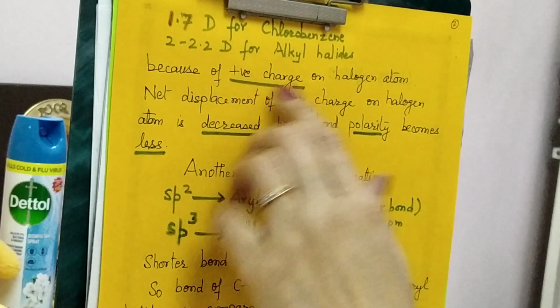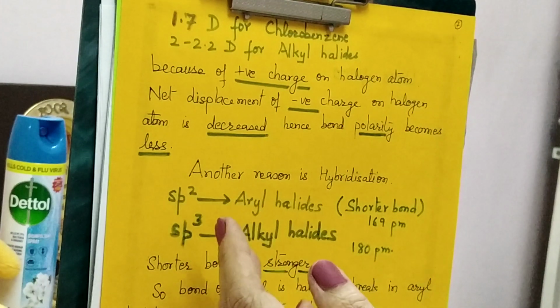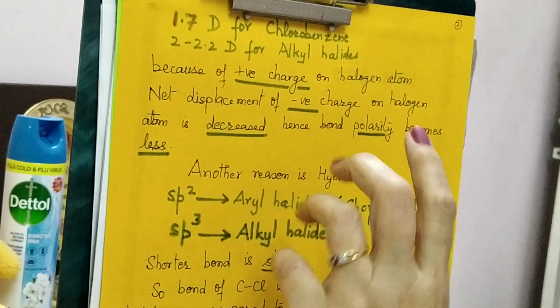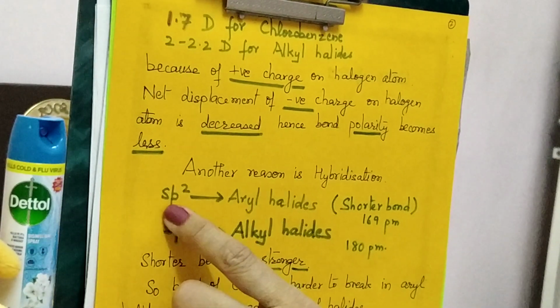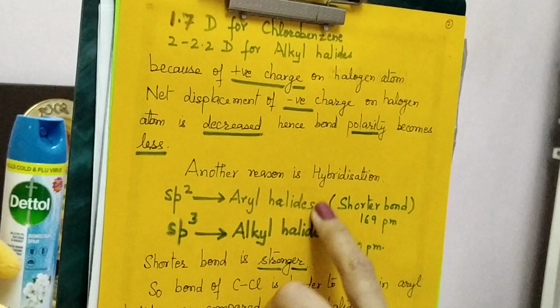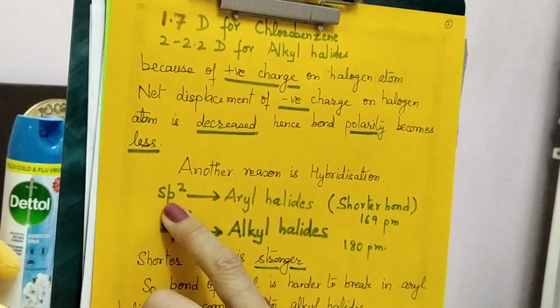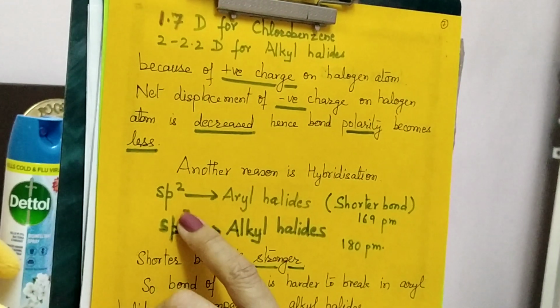This is because of the positive charge which was there in 3 of the resonating structures we had written, and also because of the s character, which is more in the case of aryl halides because of the sp2 hybridization, and therefore increased electronegativity is there.